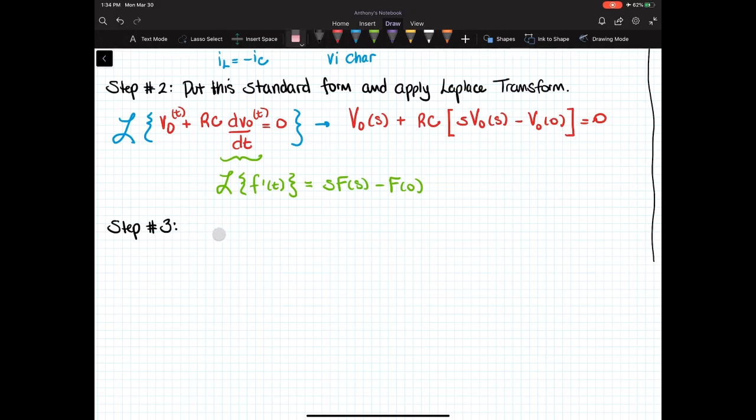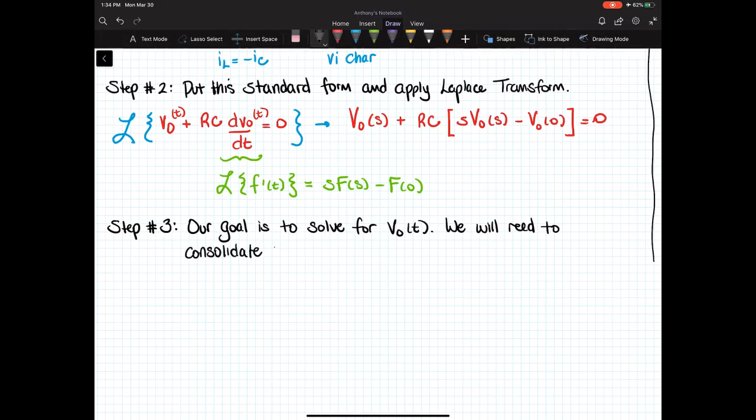Or maybe I'll write here our goal is to solve for VO of t. So how do we do that? We will need to consolidate our variables.